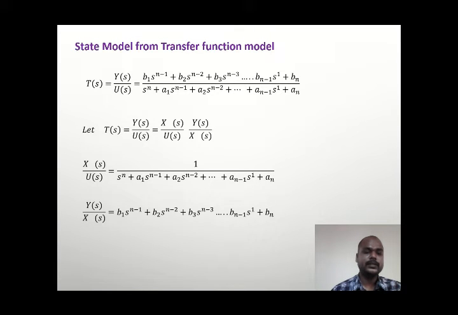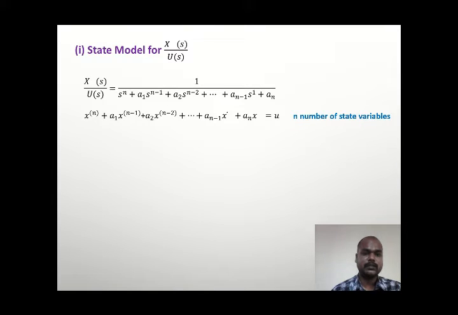So we separate X(s) by U(s) first, with 1 upon this denominator term, and Y(s) by X(s) with this numerator term. So now we need to solve for this term first, and we can obtain the state model for X by U as X(s) by U(s) equals 1 upon this polynomial of s.